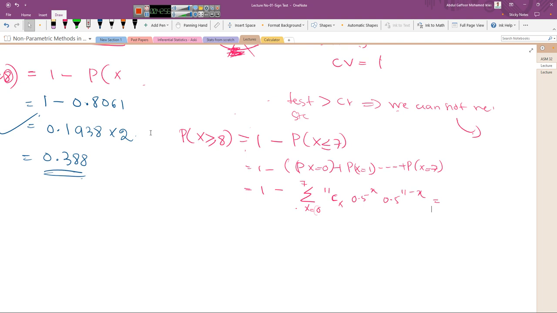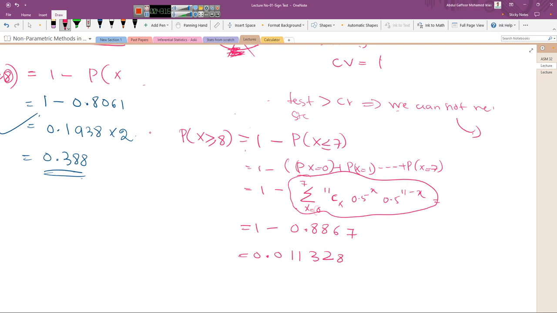So this gives me the value of 1 minus this is equal to 0.8867, 1 minus 0.8867 is equal to 0.011328, right? So this is one tail, the probability of one tail, but we need two tails, right?